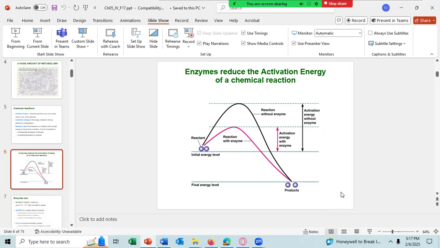All right, this slide is showing you a chemical reaction where the reactants will be changed into the products. This reactant actually has more energy in it than the products because it's a larger molecule, meaning A and B are connected. A and B as products are not connected.